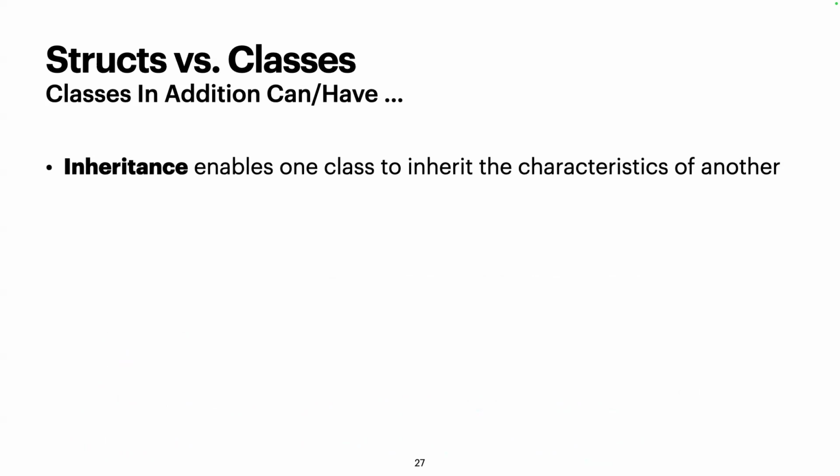Inheritance enables one class to inherit the capabilities and characteristics of another class. They also support typecasting, so let's say you want to cast a type of a class to a different type. You can also have deinitializers where, for example, if the instance itself gets deinitialized in memory, you could specify some cleanup code.